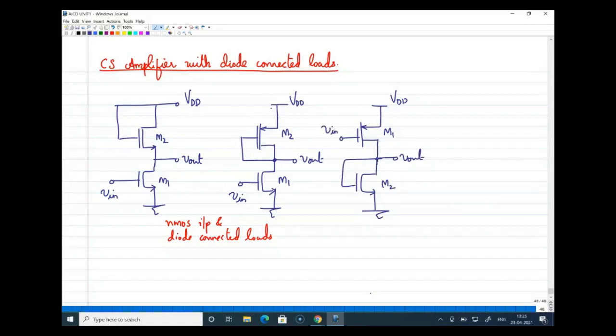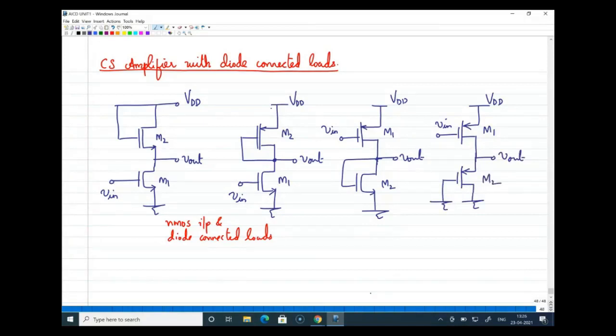This is one variant, and another variant is the same PMOS device as input straight from VDD, and then here also it should be a PMOS device. These two should be grounded, and this is Vout, and this is M2, right?